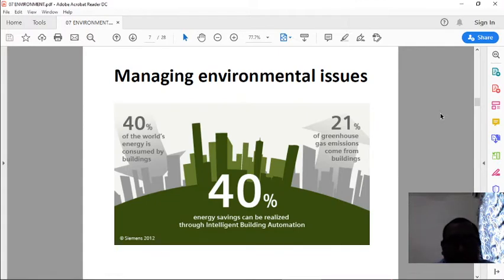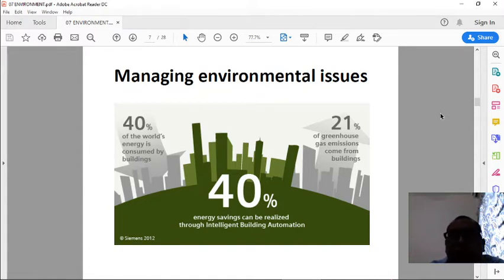So managing environmental issues: 40% of the world's energy is consumed by buildings, and 21% of greenhouse gas emissions come from buildings. And this shows that the building itself is a very high user of power being generated by these power plants.